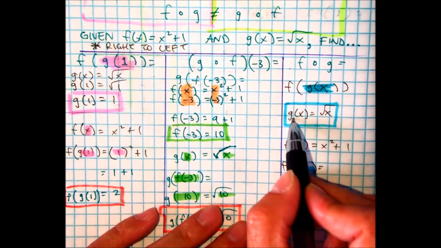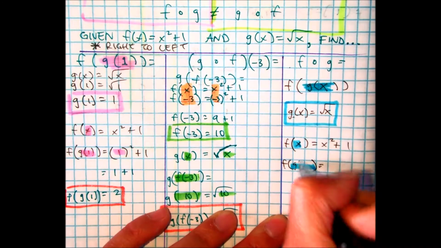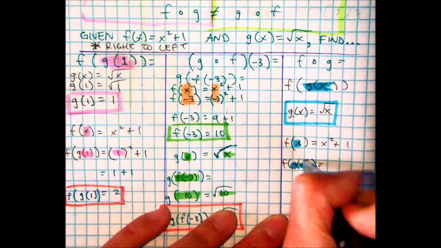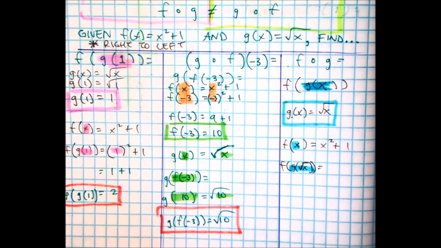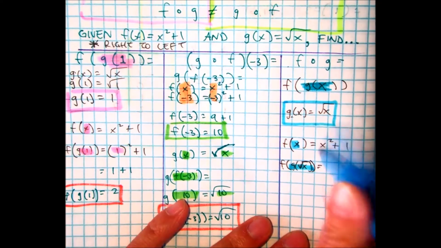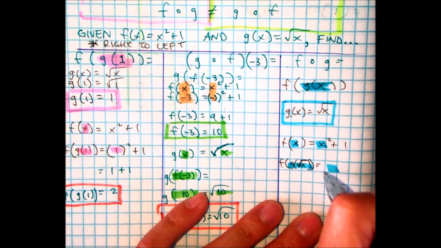G of square root of x. So instead of writing x now, we're going to put what here? The square root of x.